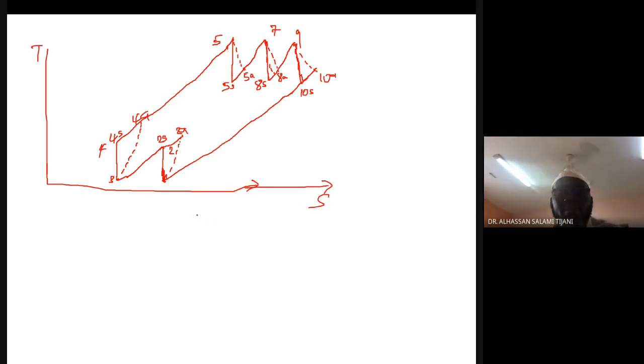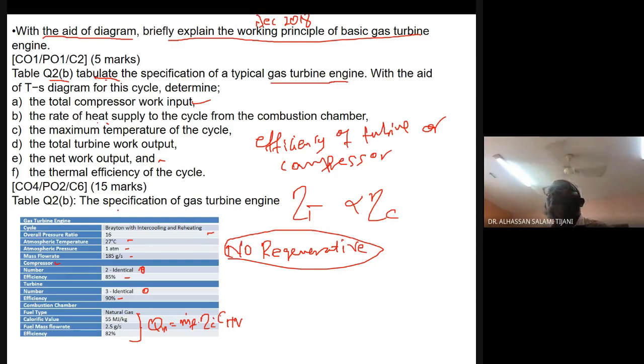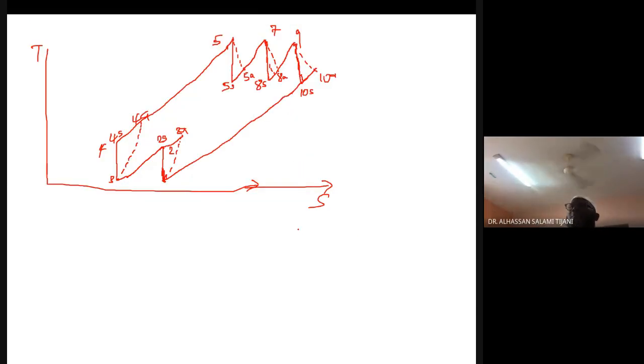Okay. So now we need to determine the compressor. Yes, one thing you need to know, we are told the overall pressure ratio equals 16. Okay, this is very, very important.